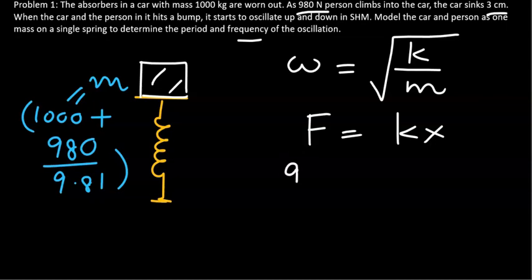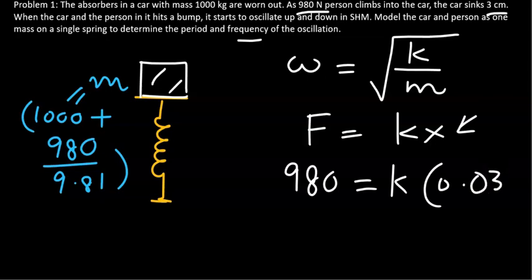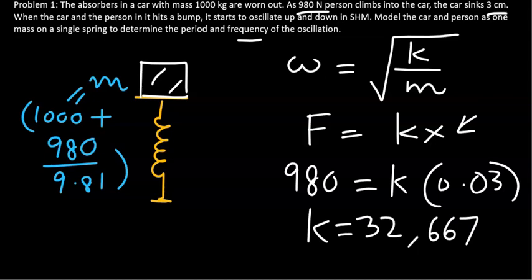Here the force is the weight of the person, k is what we want to determine, and x is the compression, or the change in length of the spring, which is 3 centimeters converted into meters. And you get k as 32,667 Newton per meter.